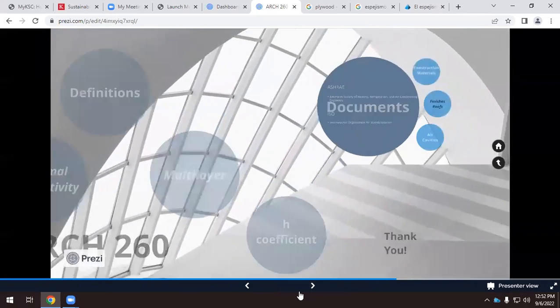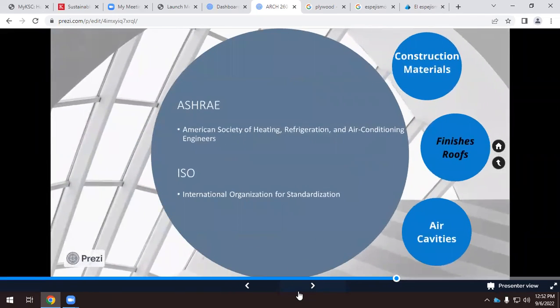And finally, we have a lot of documents. This is not something that I'm just making up right now. We have international institutions you can rely on. One of them is ASHRAE, which stands for the American Society of Heating, Refrigeration and Air Conditioning Engineers.